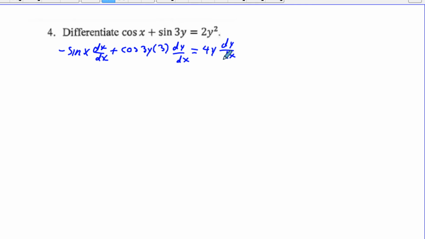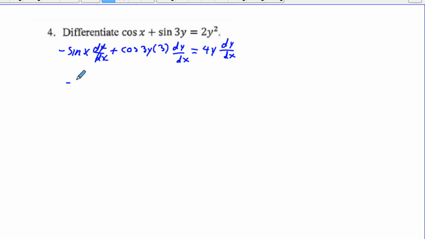Now, the strategy we're going to use is that dx dx is going to cancel, and the dy dx I'm going to change to y prime just for better ease of notation. And so I'm going to just rewrite all this.